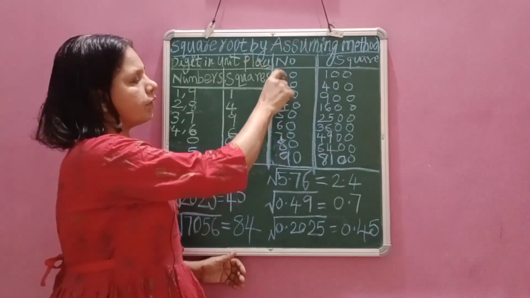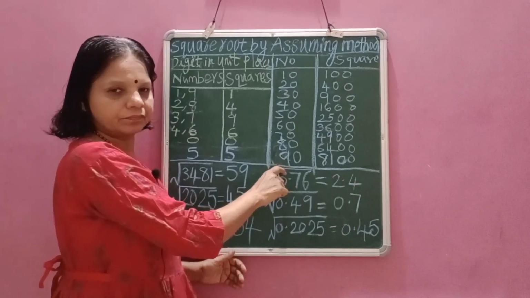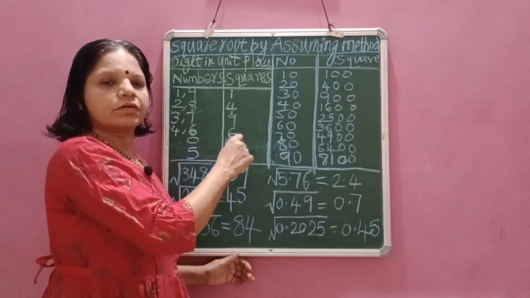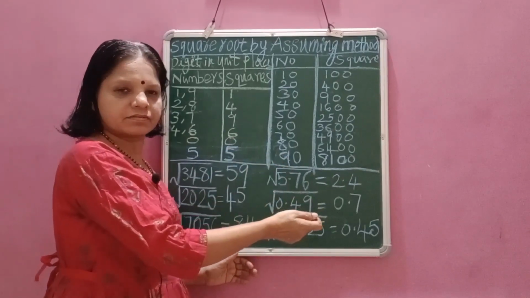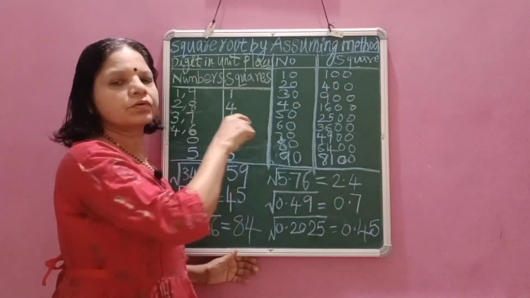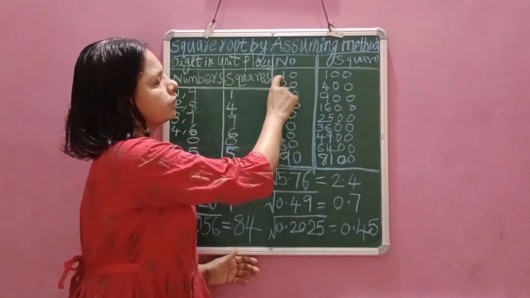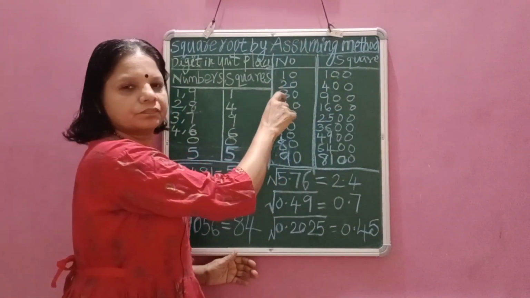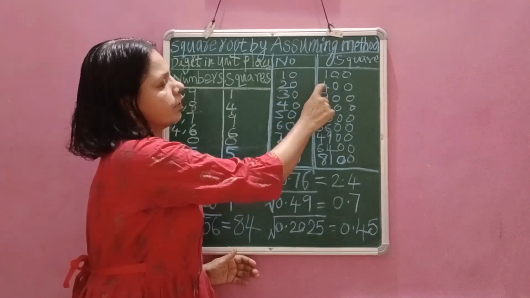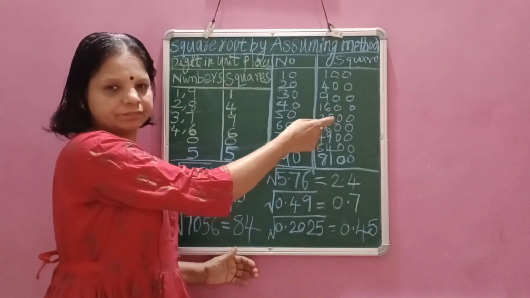If you know the squares of numbers from 1 to, here I have written 1 to 9, then for the squares of their tens, what we have to do? You have to put 2 zeros. Square of 1 is 1, so 10 is 100, 20 is 400, 30 is 900, 3 3s are 9.